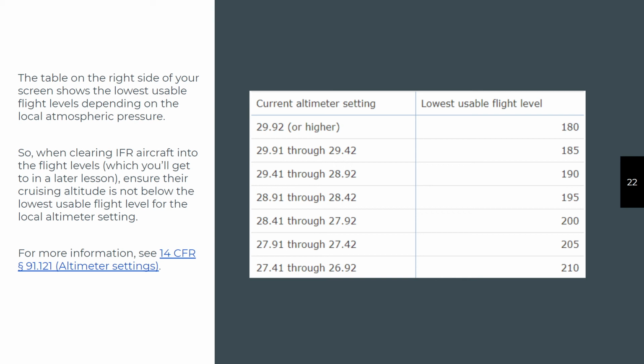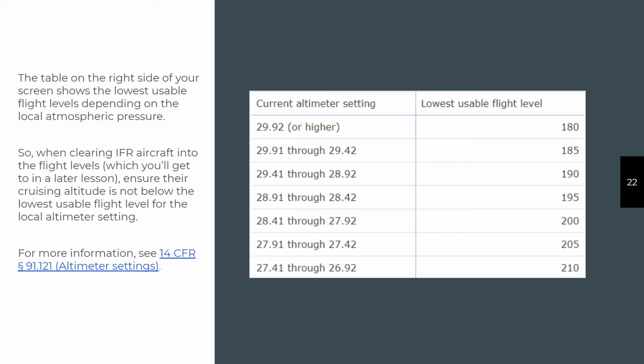But when we get to flight level 180, which defines which airspace? Quick think in your head. Did you say Class A? Good. That's an IFR airspace, Class A. If the altimeter setting is very low and I need more air to get my altimeter to show a flight level of 180, that means I'm actually higher than flight level 180 to get that reading.